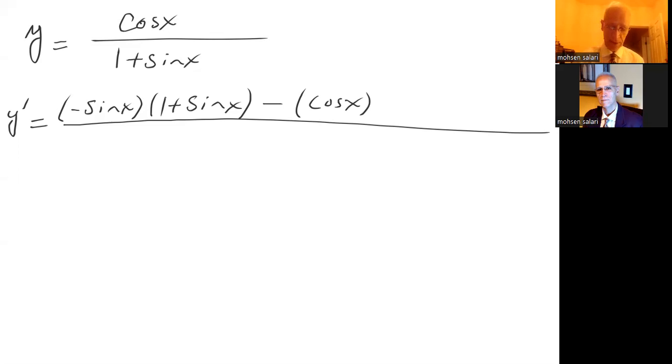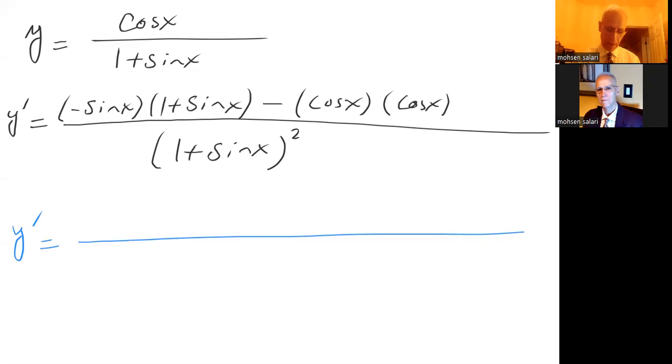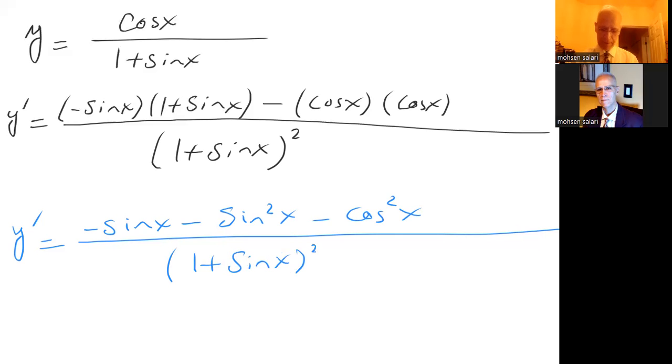Derivative of sine of x is cosine of x, all over 1 plus sine of x to the second power. So y prime equals minus sine of x minus sine squared of x, and then I have minus cosine squared of x all over 1 plus sine of x to the second power.